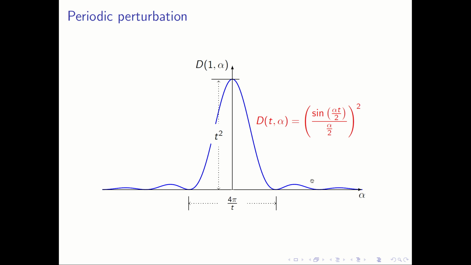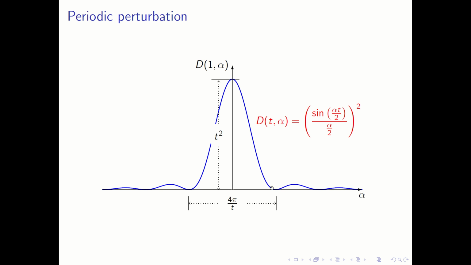After the first minima here and the first minima on this side, the function becomes pretty small, so most of it is concentrated within the two closest minima, and the width of this, as you can easily see, is given by 2 pi by t on one side and 2 pi by t on the other side.